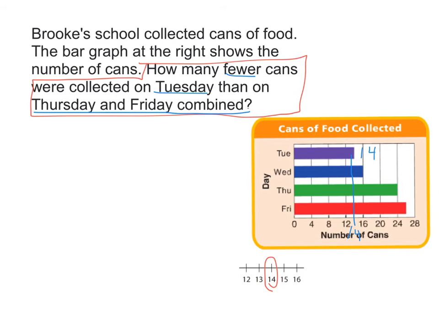Now, on Wednesday, how many cans were collected? The bar ends right on a line, and that is 16. Thursday, 24 cans were collected.